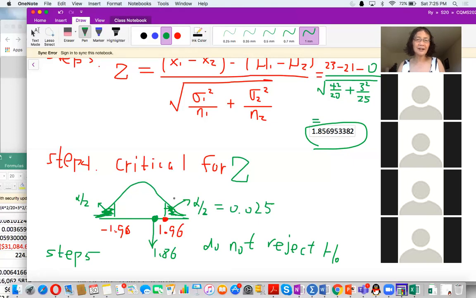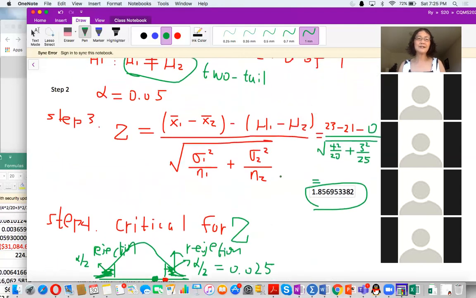The green area is the rejection region, and there is another rejection region here on the left tail. Your test statistic is not in the rejection region, so you do not reject H0.